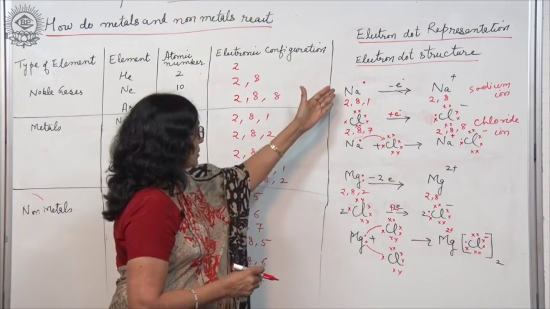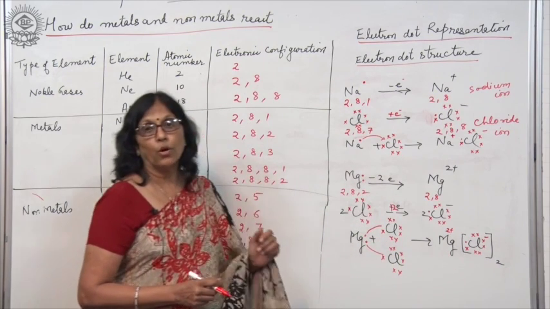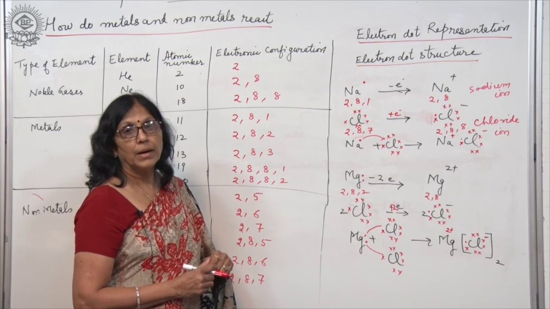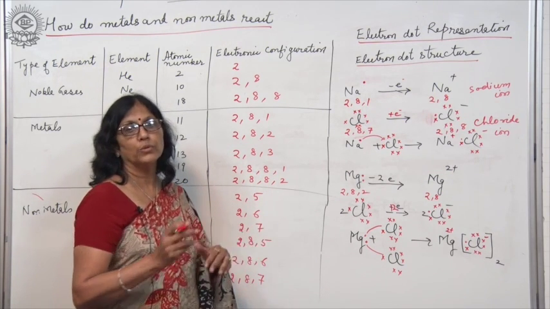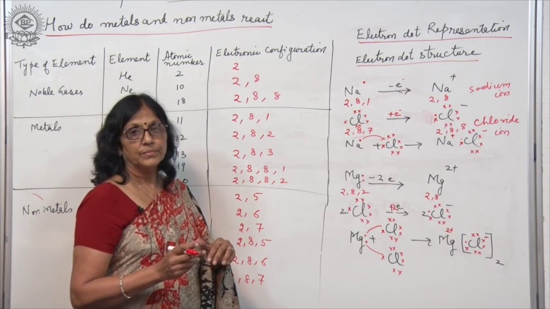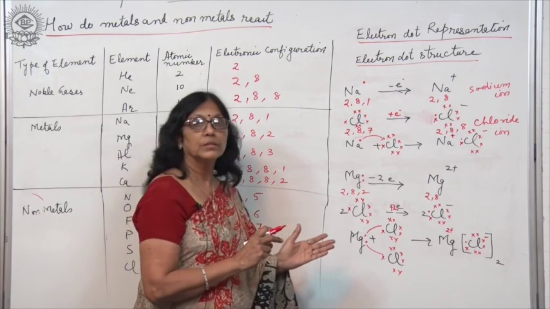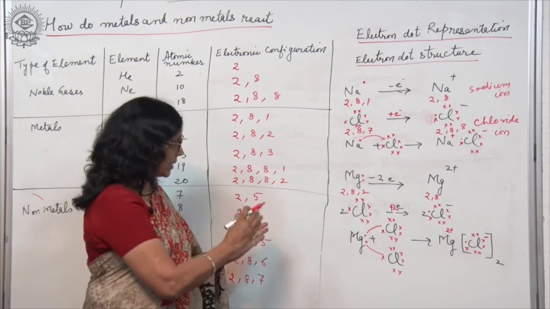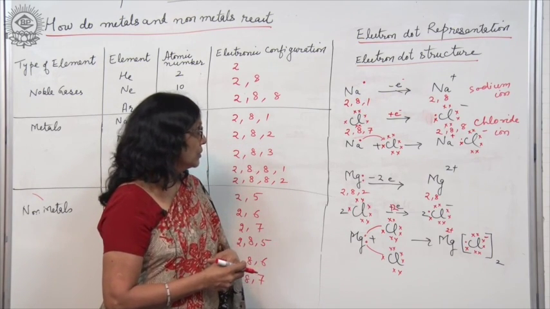Now, these compounds, NaCl as well as MgCl2, are called ionic compounds. Ionic compounds are formed by the transfer of electrons from one atom to another. When compounds are formed by the transfer of one or more electrons from one atom to another, ionic compounds are formed.